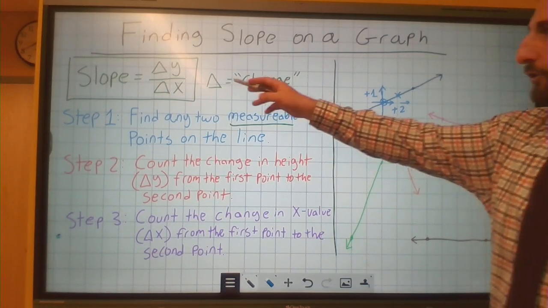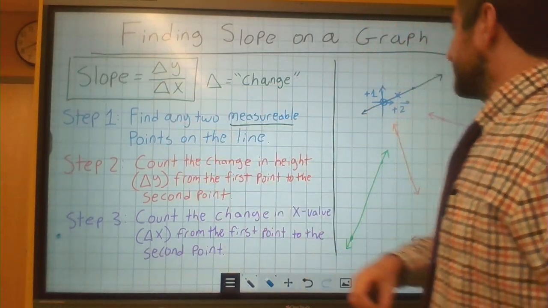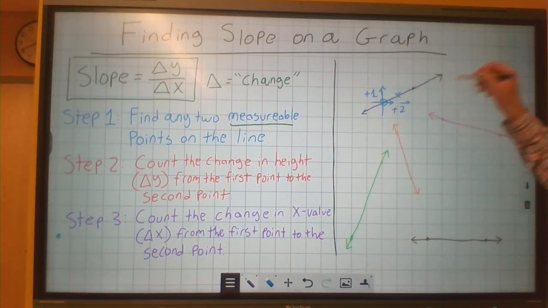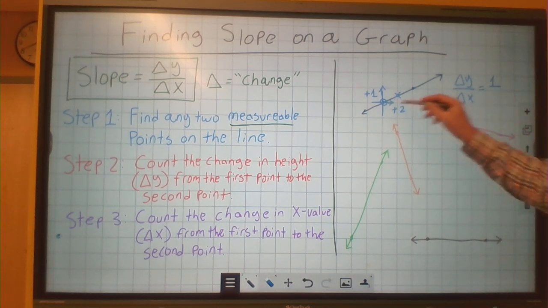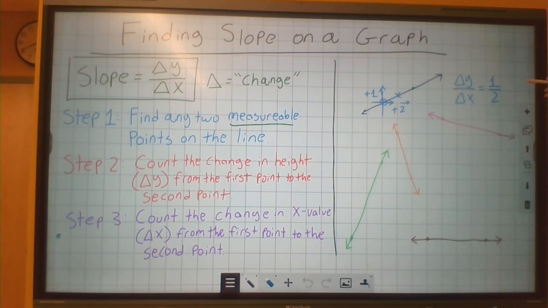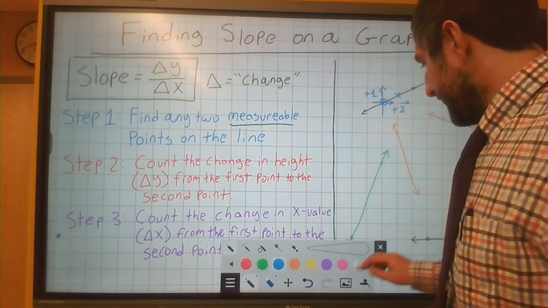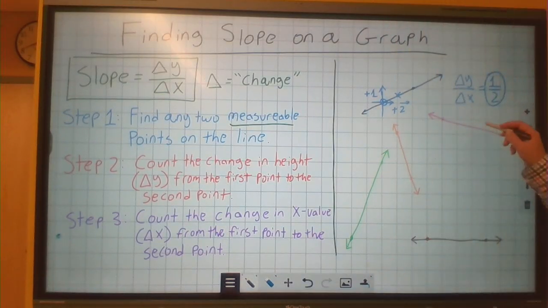Therefore, I put these two numbers together into my ratio, the change in y on top. So my change in y is 1, and my change in x is 2. So my slope for the blue line is 1/2. We can try it with the pink line over here.